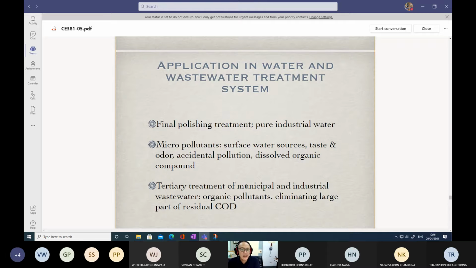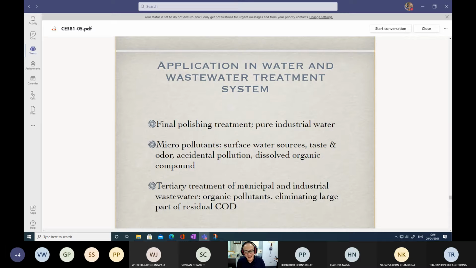Actually, for wastewater treatment plants, sometimes we also apply some process to remove nitrogen and phosphorus. Conventional processes cannot remove nitrogen and phosphorus, but if we equip some extra unit process or unit operation, we can remove these nutrient compounds.